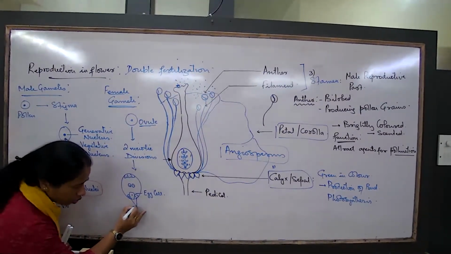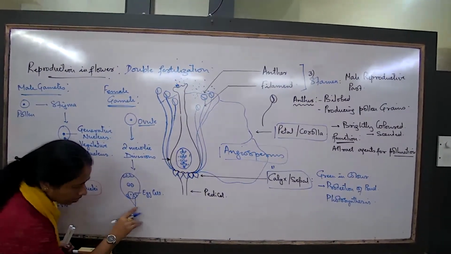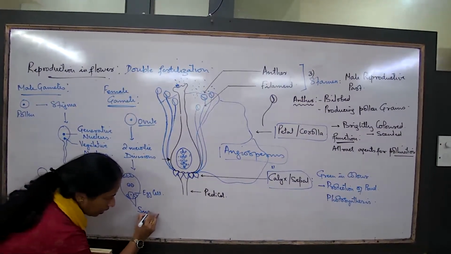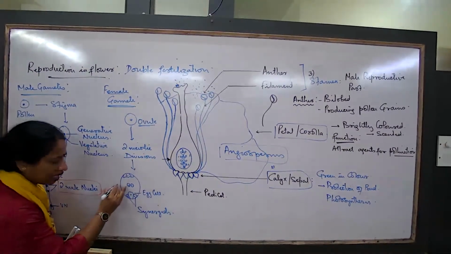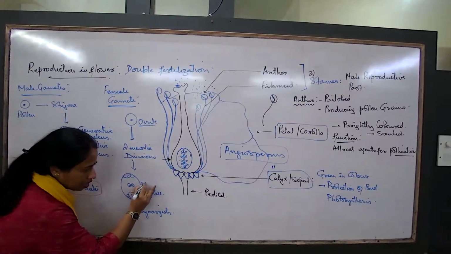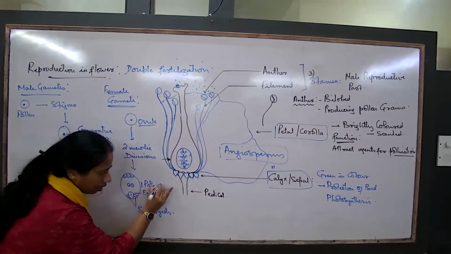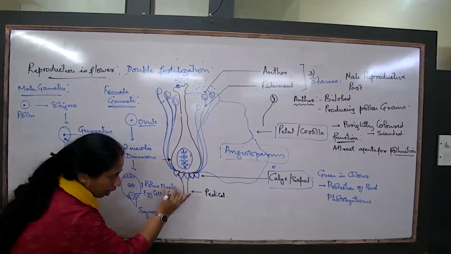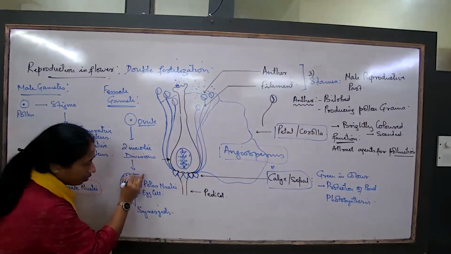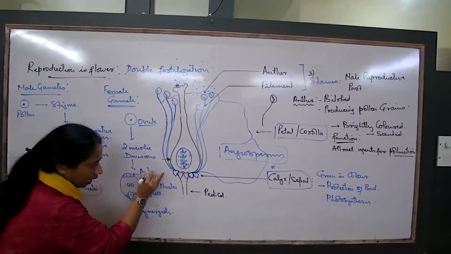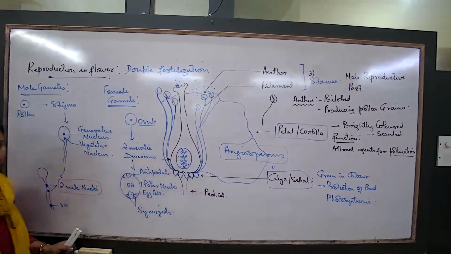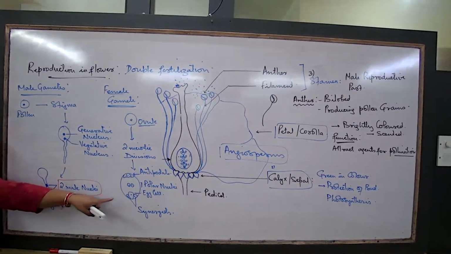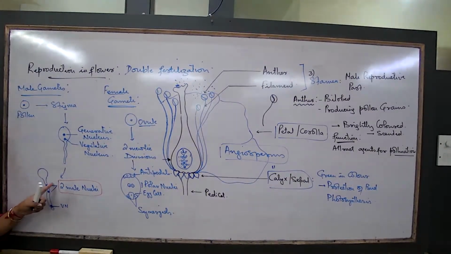What about these two? These two are known as synergids. What about the two in the center? The two in the center are known as the polar nuclei, and the three up there are known as antipodals. So now, 8 gametes for the female, 2 gametes for the male.